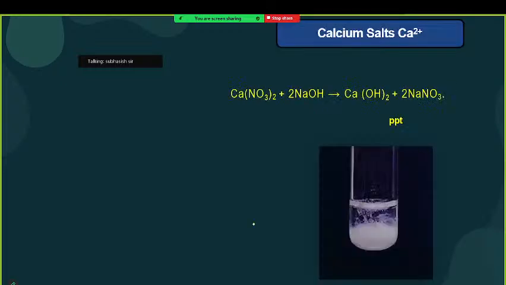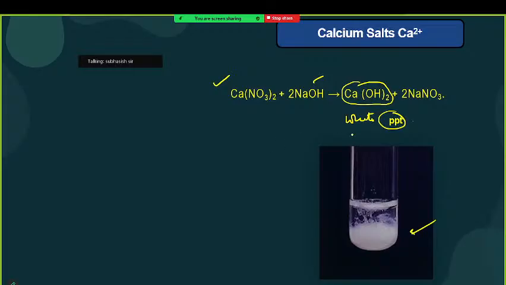Now first we consider that when any calcium salt reacts with sodium hydroxide or potassium hydroxide, the calcium salt is converted into calcium hydroxide. This is a white precipitate. You see in this test tube the precipitation of calcium hydroxide, and calcium hydroxide is insoluble when you add excess sodium hydroxide.